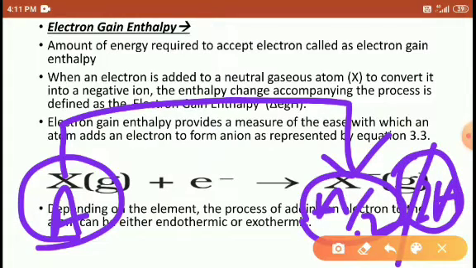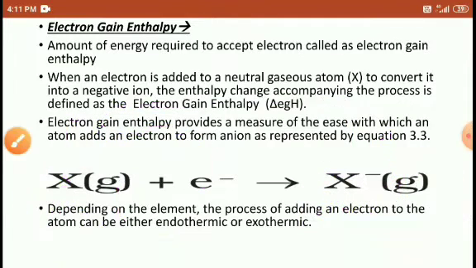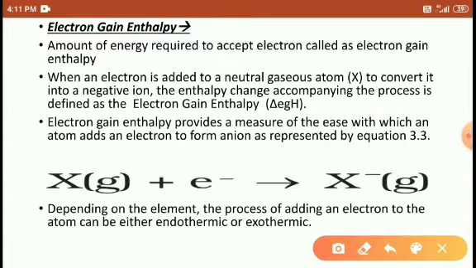So when a neutral species accepts an electron and turns into a negative charge species, the change in enthalpy is called electron gain enthalpy, denoted by delta Eg. Eg means electron gain, H is the enthalpy, right, students?